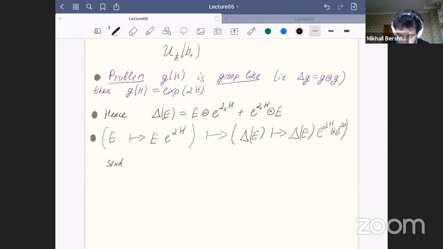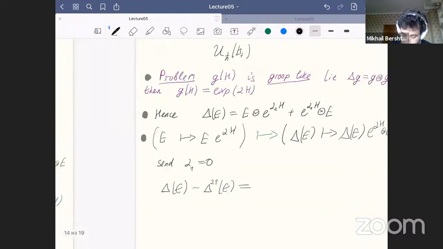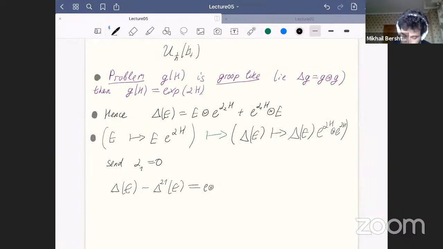We send alpha 1 equal to 0, and using the property which we want to impose, that delta of E minus delta opposite of E is equal to our delta small, is equal to E tensor h bar, e tensor h minus h tensor e. This leads us to alpha 2 equal to 1.